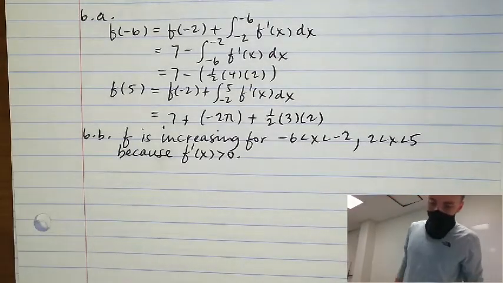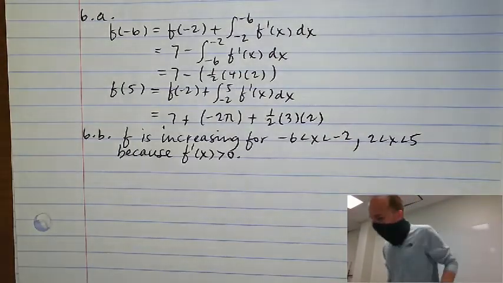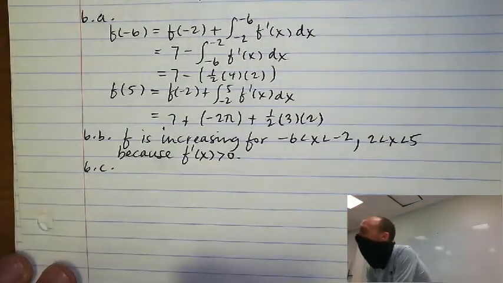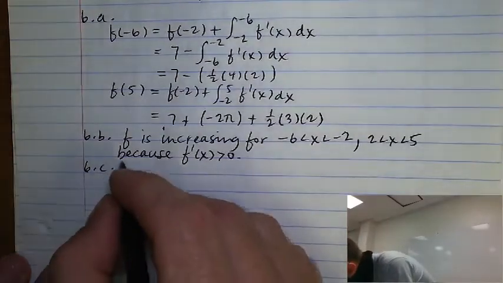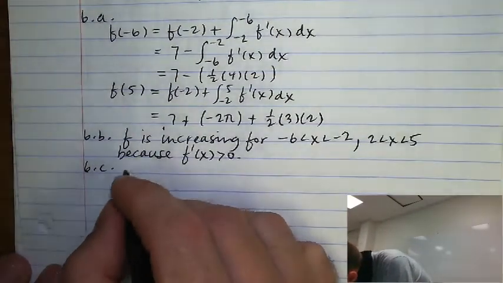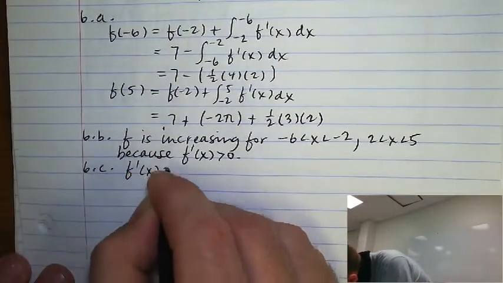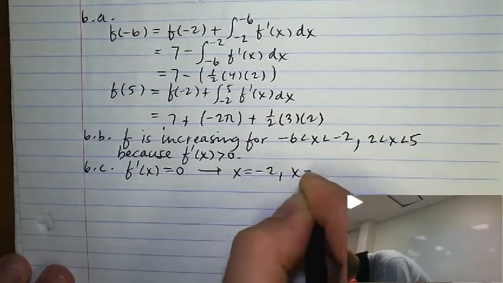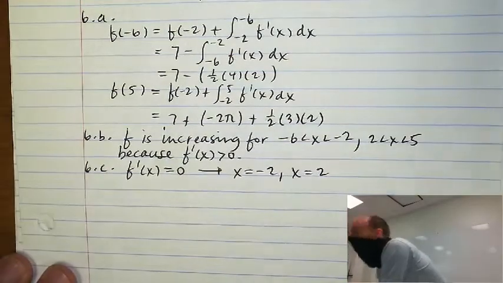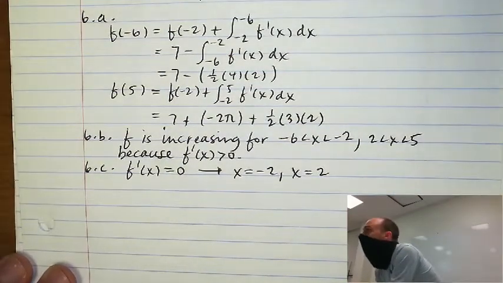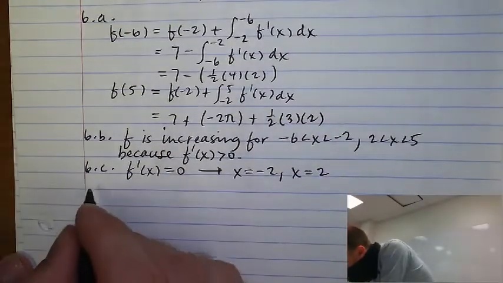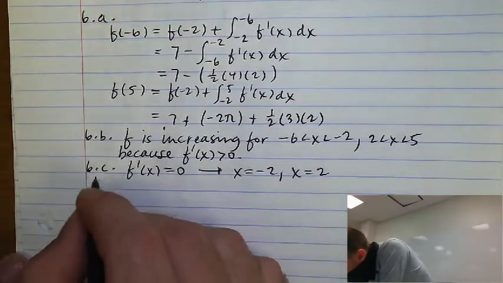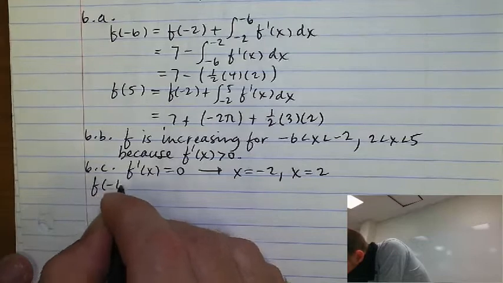Find the absolute minimum value of f on the closed interval -6 to 5. Okay. The absolute minimum, well, if I'm going to try to maximize something or minimize it, I need to figure out where its derivative is equal to 0. Okay. And then I need to check these in the critical points to figure out which one is the minimum. So I'll say f of -6.